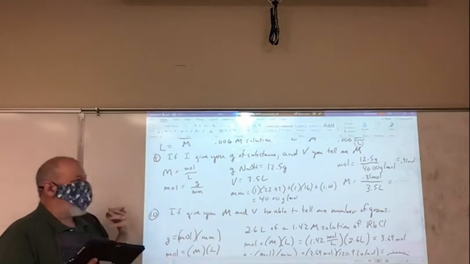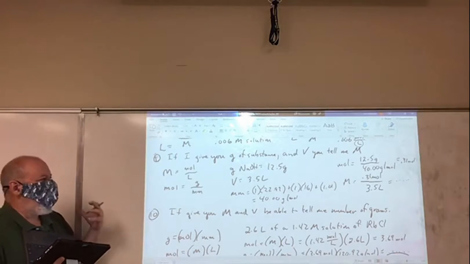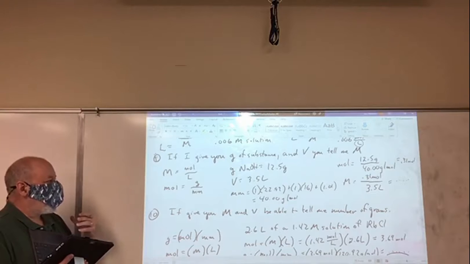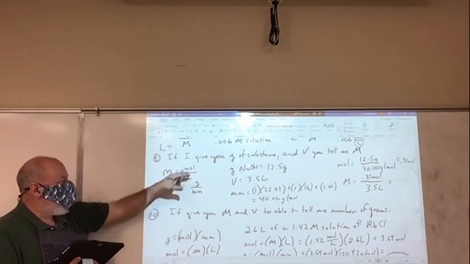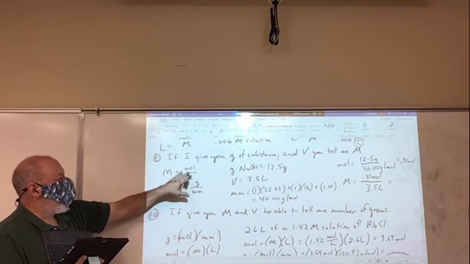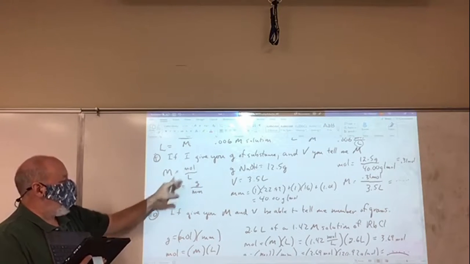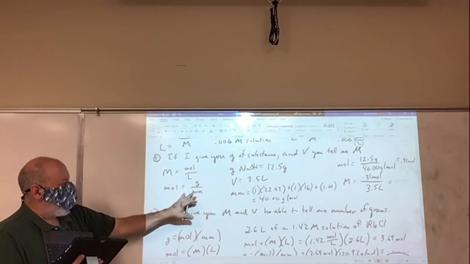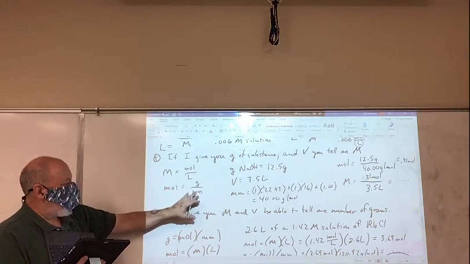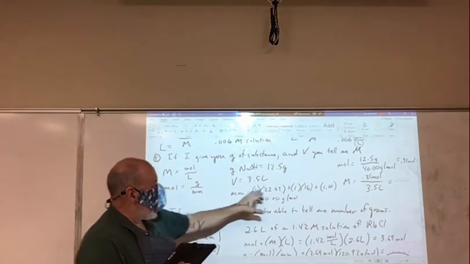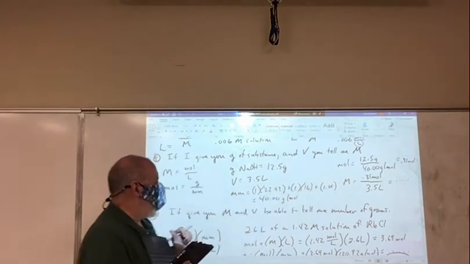If you build this strategy into your brain, you'll never, ever not be able to do a problem. You know how to write down molarity equals moles per liter. Then you say, oh, wait, I don't have moles. So you write down moles equals grams divided by molar mass. I've got grams. Oh, wait, I don't have molar mass, so you go figure out molar mass.